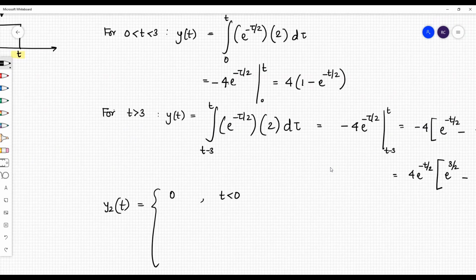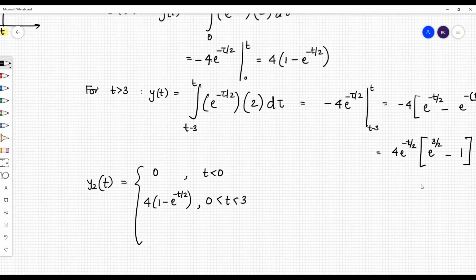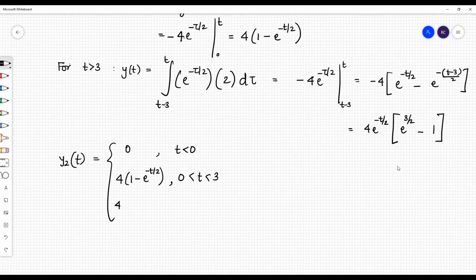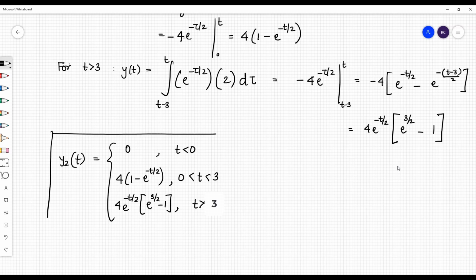Its value is 4 times (1 minus e to the power minus t by 2) for t between 0 and 3, and its value is 4 e to the power minus t by 2 times (e to the power 3 by 2 minus 1) for t greater than 3. So this is your answer.